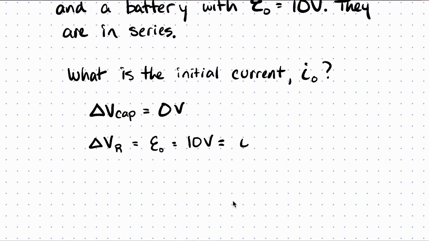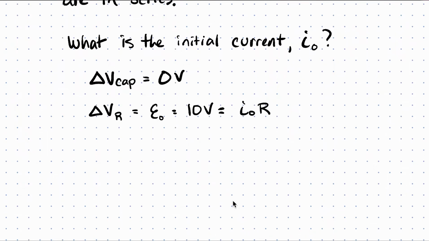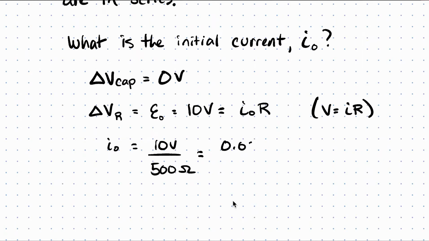In order to figure out what that current is, we can just apply Ohm's law, V equals IR. So our initial current is going to be 10 volts divided by our resistance of 500 ohms, and that is going to yield 2/100ths of an amp.